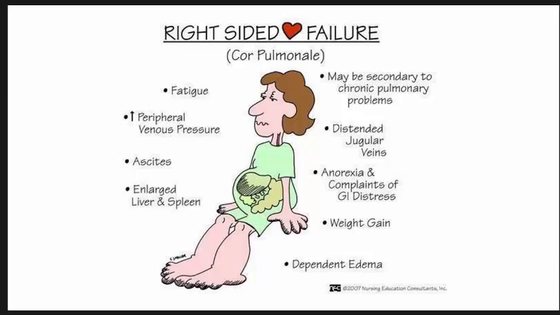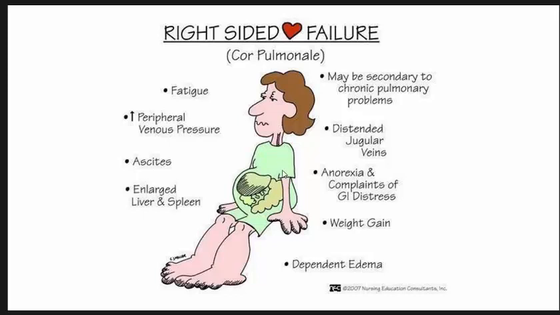We get blood backing up into our peripheral vascular system. So we're going to start to see things like jugular venous distension, as blood cannot get into that failing atria. It's not pumping effectively. It's not squeezing blood into the right ventricle or in through the pulmonary valve.